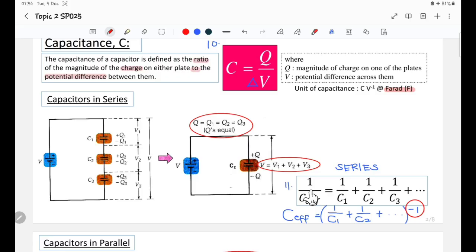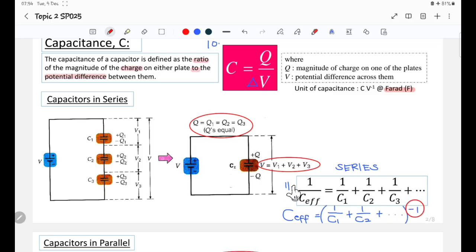For series, 1 over C effective is equal to 1 over C1 plus 1 over C2 plus 1 over C3 and so on. Or you can rewrite equation 11 to get C effective directly: 1 over C1 plus 1 over C2 plus 1 over C3 and so on, and we reverse the answer.